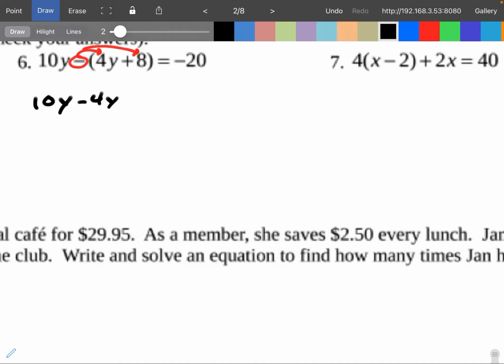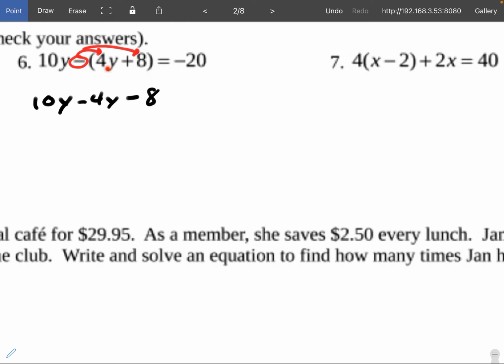So it's going to give you a negative 4y. And then what's a negative 1 times a positive 8? What's a negative 1 times a positive 8? Yeah. Good, negative 8. So you're going to write minus 8.